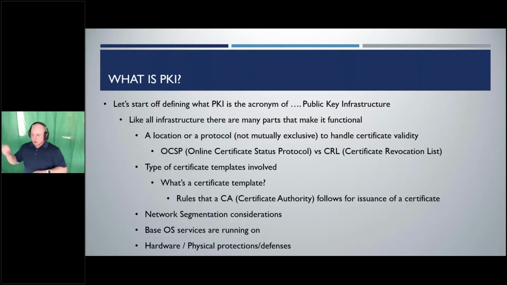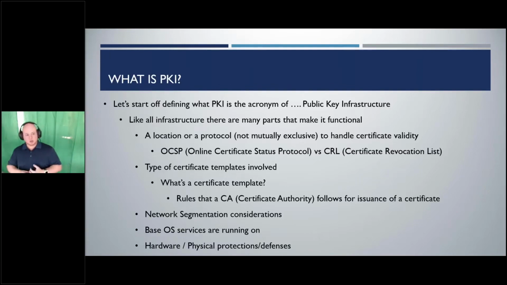The other considerations with regards to the infrastructure: we want to make sure that we speak to network segmentation. We care because we want our issuing CAs exposed so that they can get certificates to the requesting party or device, but we don't want them accessible to a malicious bad guy trying to get certificates off of our CA.